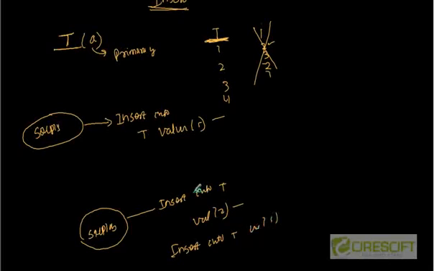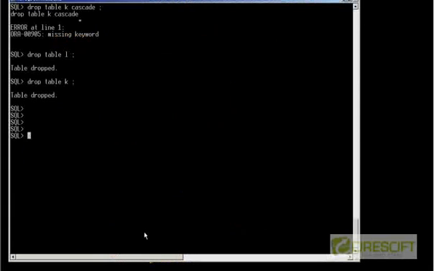What is going to happen? We already have inserted 1, and since it's a primary key we cannot have a duplicate value. So this session is going to be blocked, because we cannot have duplicate values where we have a primary key constraint.